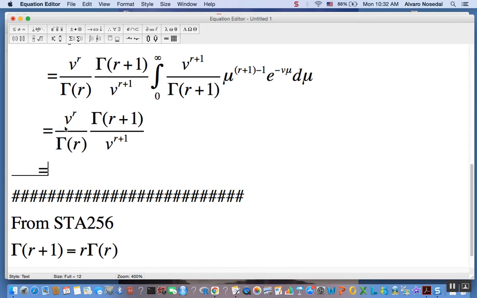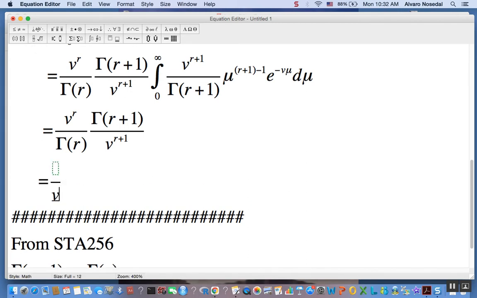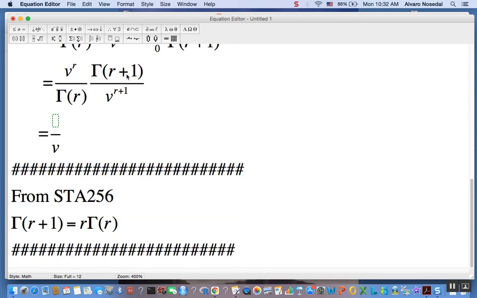So first we have v to the r power divided by v to the r plus 1 power. Then we end up with only a v in the denominator. Agreed? And then since we have gamma evaluated at r plus 1, what we have here is r times gamma evaluated at r, divided by gamma function evaluated at r.